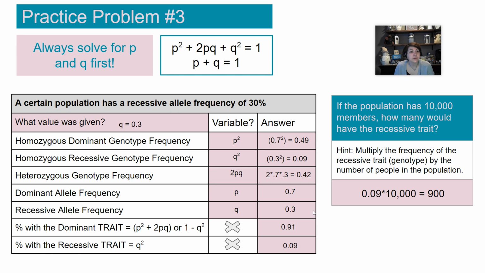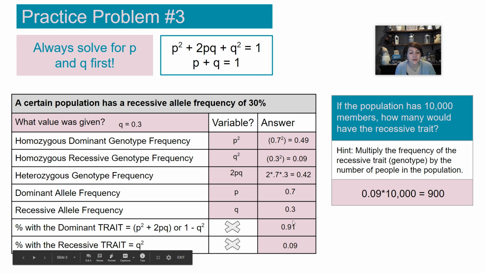Now, the other thing you can do is 1 minus your recessive trait. So you could do 1 minus 0.09, and that would still give you that 0.91 number. So those are your 2 options to figure out the dominant trait: either P squared plus 2PQ or 1 minus Q squared.